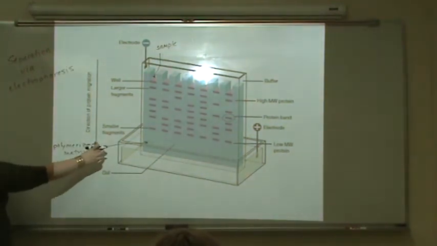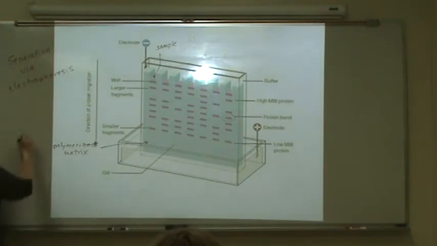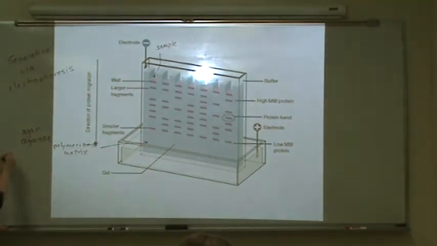And some examples of substances that can form such a matrix are agar, like in microbiology where you streak plates and it's that gelatinous substance. Agar, agarose, which is a more refined type of agar. I've heard of gels made out of starch, which is really old school.